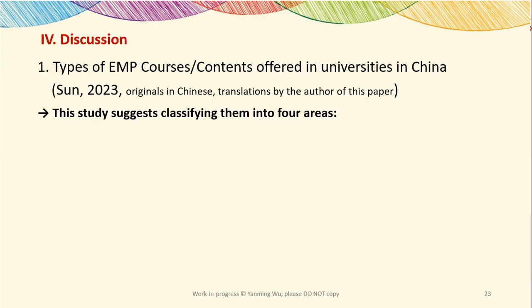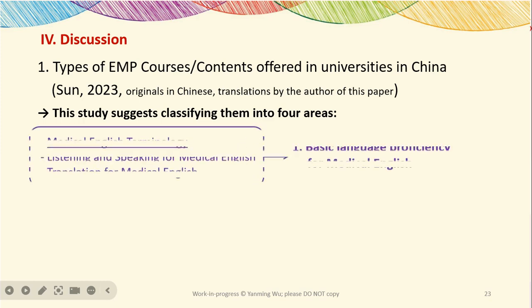So for discussion, I have several points to mention. After the analysis of concrete examples of textbook contents, this study will suggest classifying the types of EMP course contents in China into four areas.